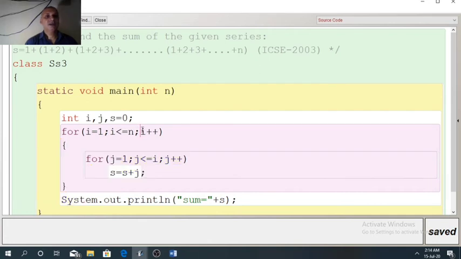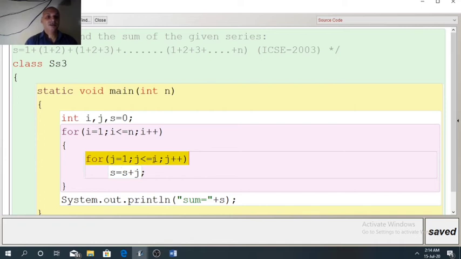Now when the body of the outer loop is over, then i will update, i will become 2. Now 2 is less than or equal to 3, again satisfied. When i is 2, it means we are considering the second term of the series, which is 1 plus 2. Now the j loop will run 2 times, starting from 1 going up to 2 and j plus plus, it means 1 and 2.